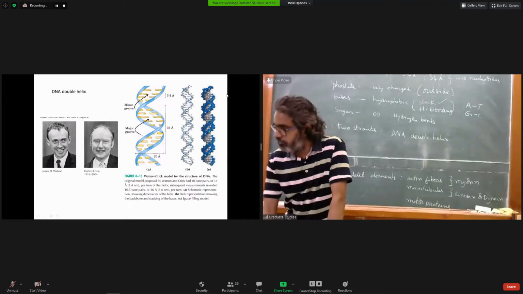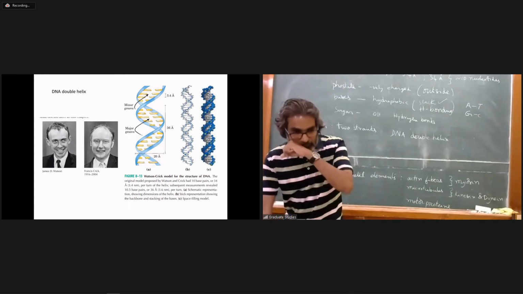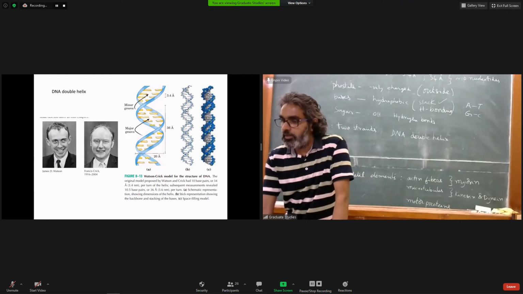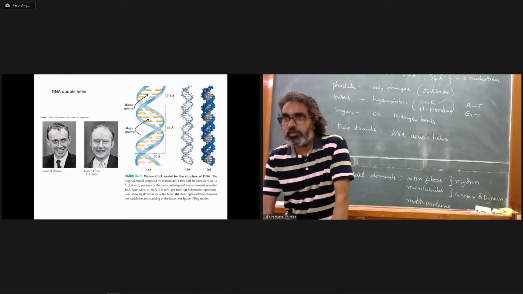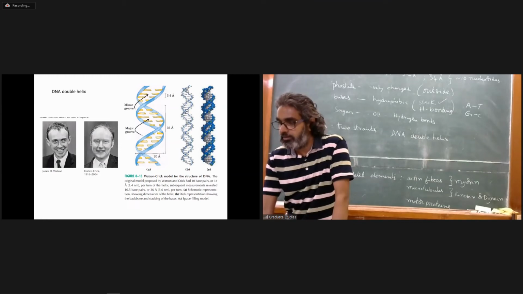A question: how did they come to the conclusion that DNA is two-stranded and hydrogen bonded? Those experiments can be done very easily. Even before you get to the structure, you can do, for example, heat denaturation, so you can separate the strands. Even if you take a large DNA fiber, you can fragment it by different methods, and then if you heat it, you can separate these strands.